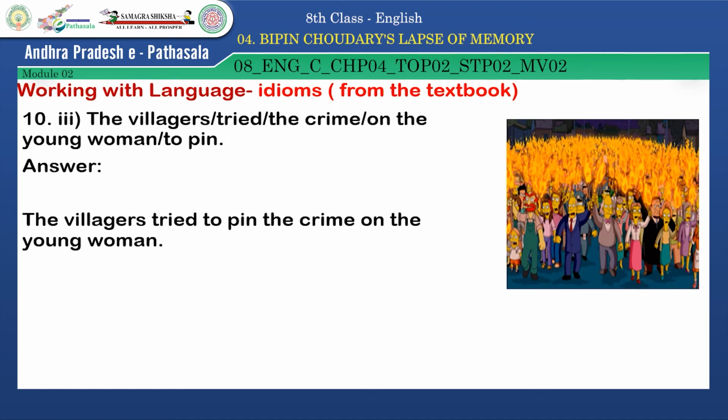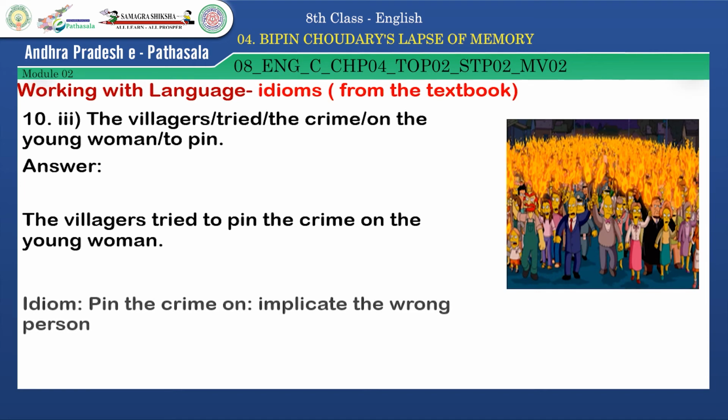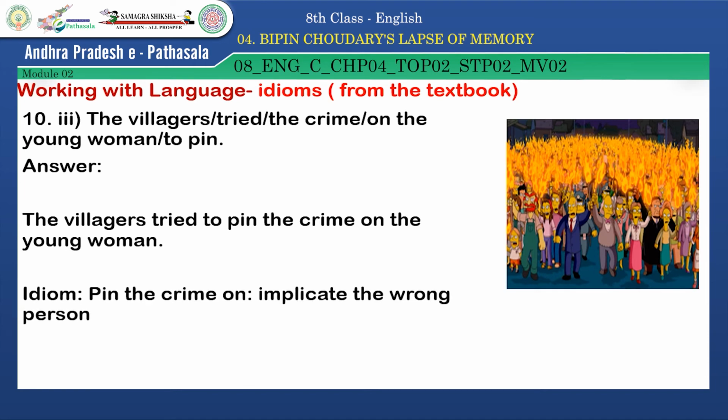So they are implying that the woman has done something wrong. So what is the idiom in that one? Pin the crime on is the idiom in that sentence. And what does it mean? Implicate the wrong person. Right?